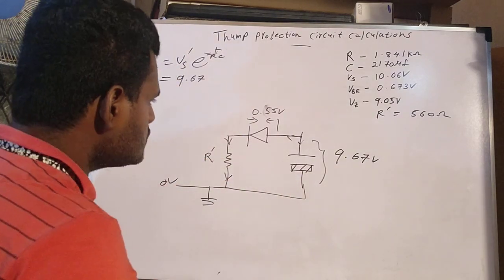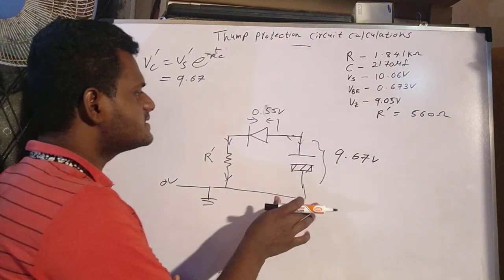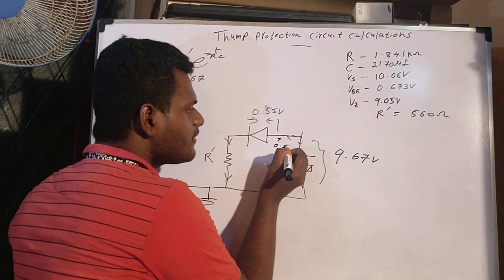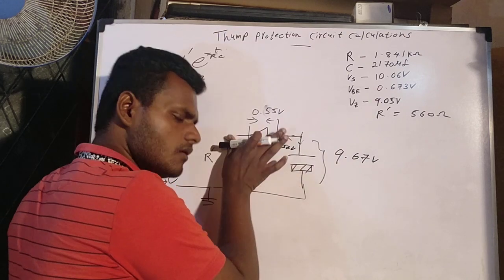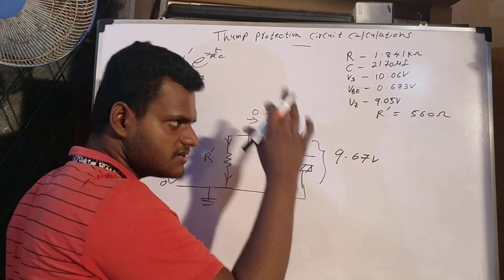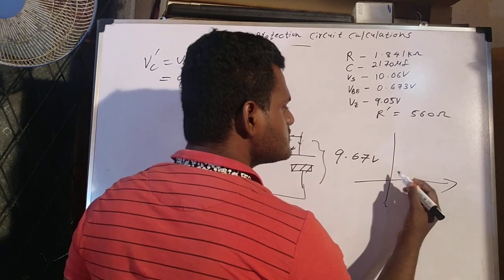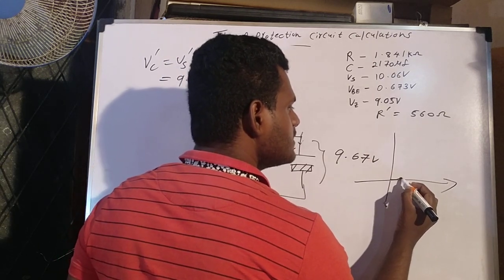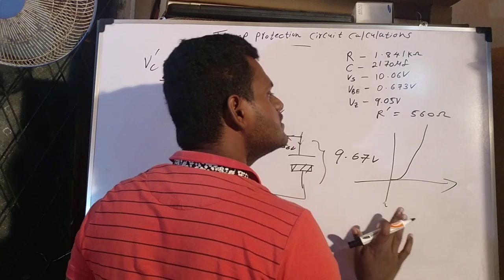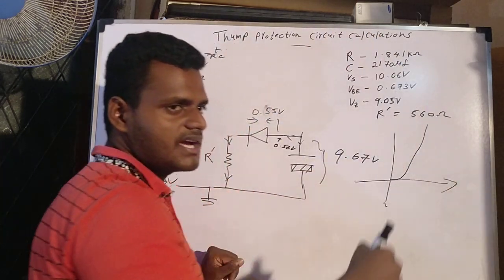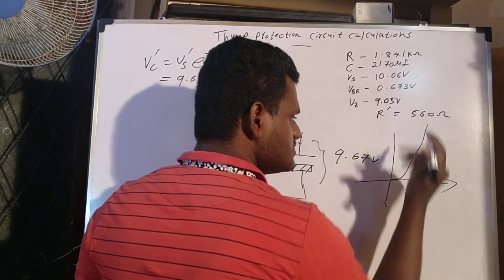range. So if we consider this circuit, if somehow 0.56 volts, this diode is also conducting. You know the diode characteristics curve is gradually increasing, not a perfect 90 degree angle, but gradually increasing.